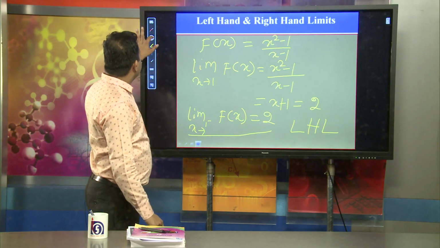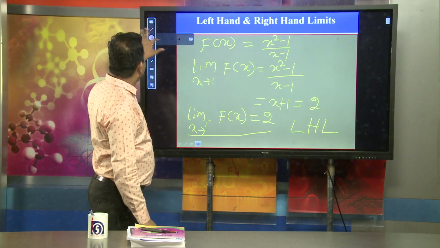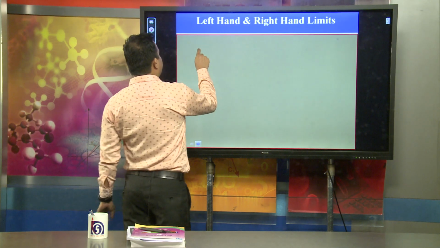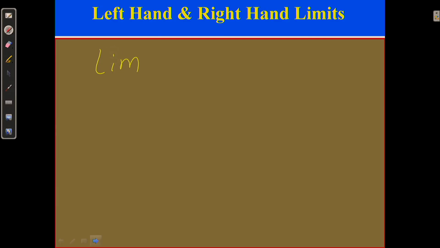Suppose I am talking about the right hand limit. For the right hand limit, limit x tends to 1 plus f of x will be 2.